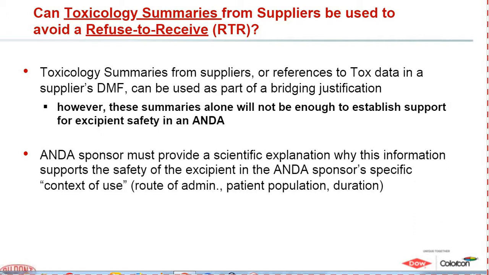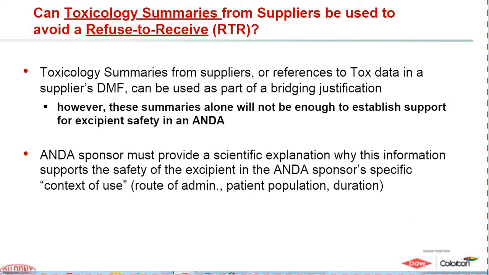However, it's very important that these types of summaries that typically you might get from your suppliers or from the literature, that those summaries are not relied on completely by themselves. Because if you just include a summary with no explanatory information about why that information matters to your specific case, that's not usually going to be found to be acceptable from the FDA. So you can't just include the summaries and say safety is taken care of.